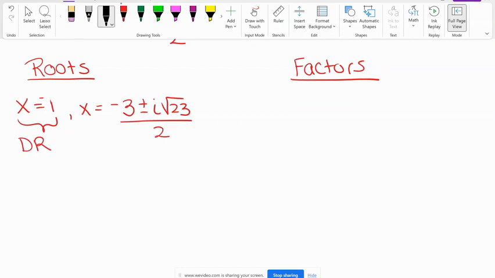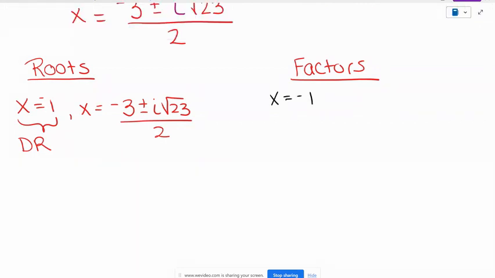So for the first root, you had x equals negative 1. But now to set it back equal to 0, what should I do? Add 1 to both sides. So this is going to be x plus 1. But how many times did this negative 1 count? Twice, right? So this is (x plus 1) squared, because that negative 1 counted as a double root.